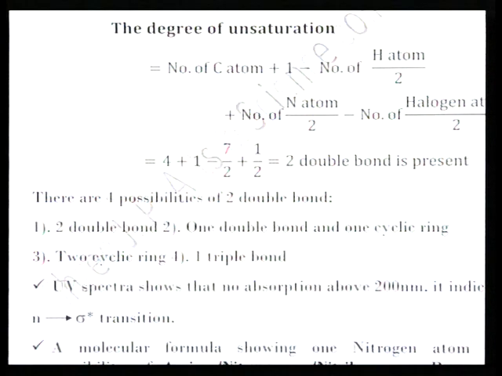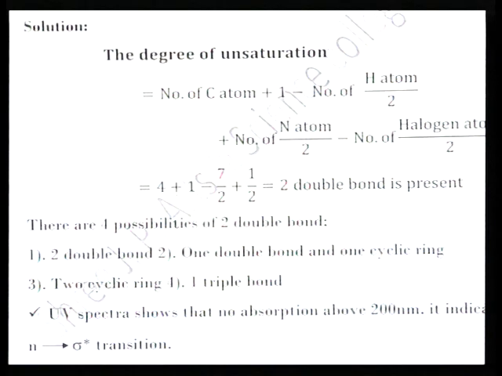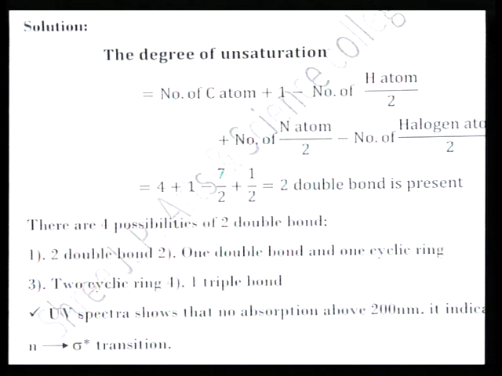IR data. Before that, the molecular formula showing 1 nitrogen atom indicates the possibility of an amine, nitro group or nitrile group. Nitrogen may be in the form of a primary, secondary or tertiary amine, a nitro group, or a cyanide group, C triple bond N, but stretching frequencies of amines and nitro group are not given in the data. If an amine is there, IR bands are observed around 3400 to 3500 for a primary amine, only one band for a secondary amine, and no band for a tertiary amine.